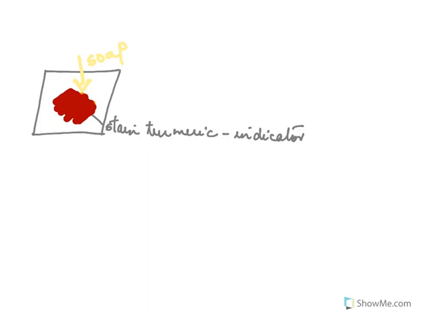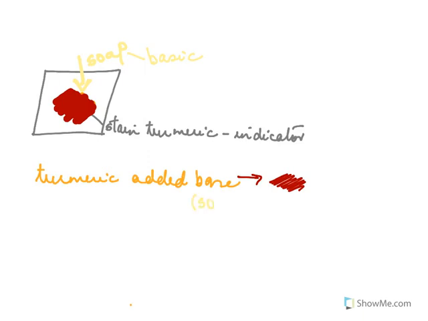And the reason is because soap is basic in nature. When turmeric is added to a base, it turns reddish brown in color. You get this color when turmeric is added to a base, and this base of ours is soap.